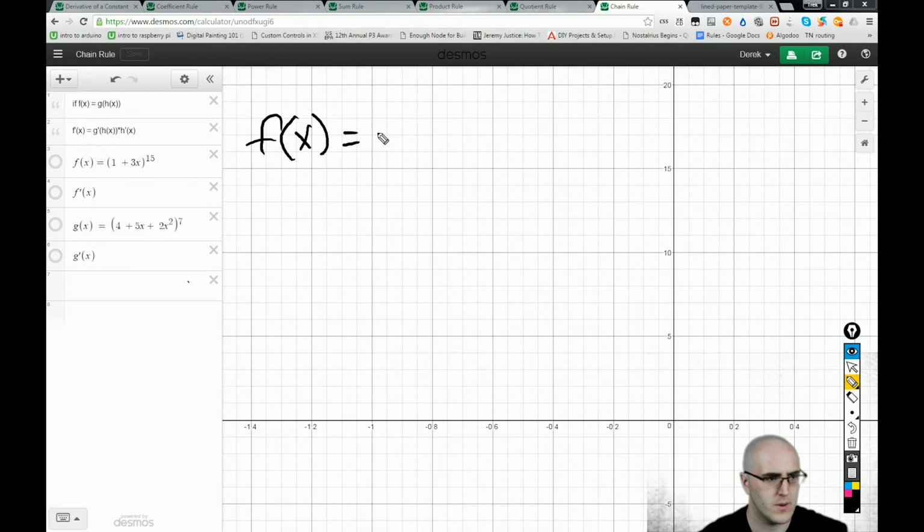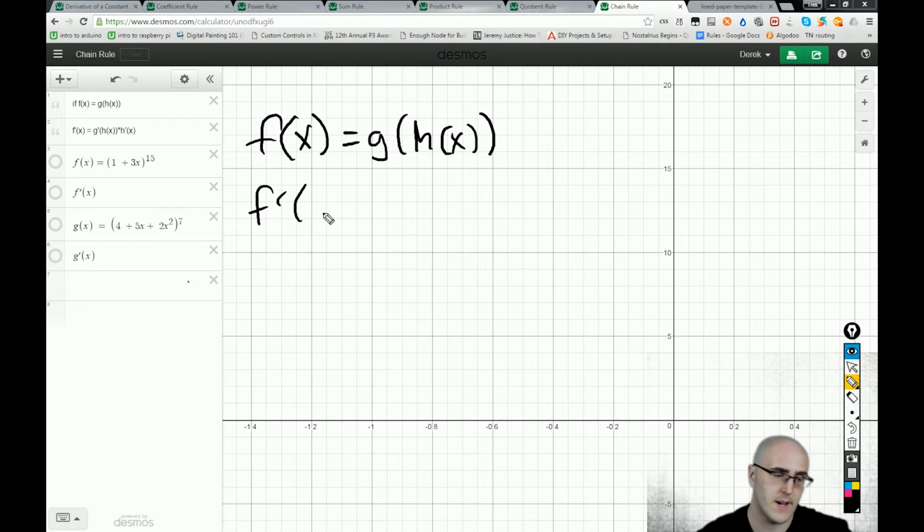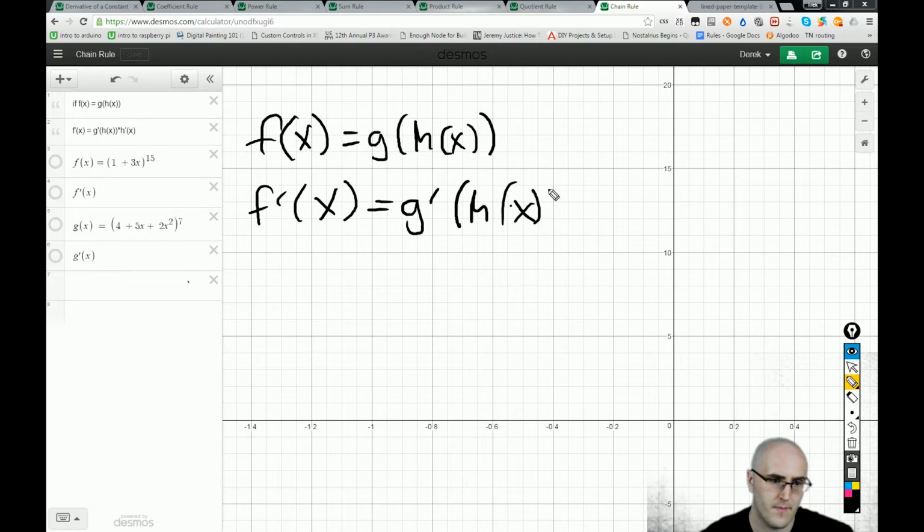My handwriting is getting worse as I go. F of x is equal to g of h of x. And if our function has this form, g of h of x, then its derivative is equal to the g prime of h of x times h prime of x.